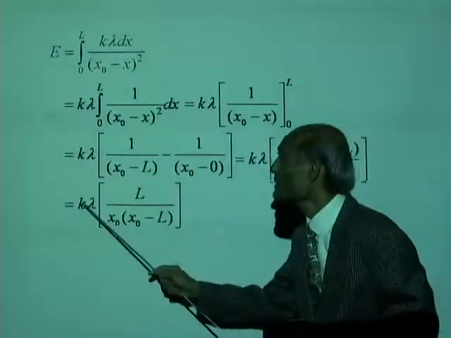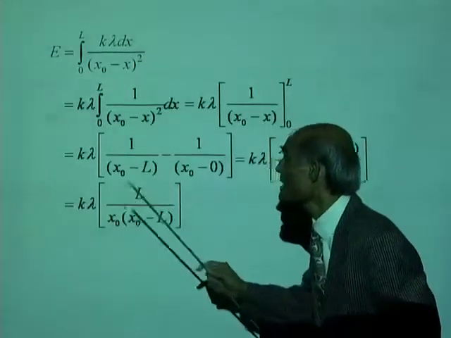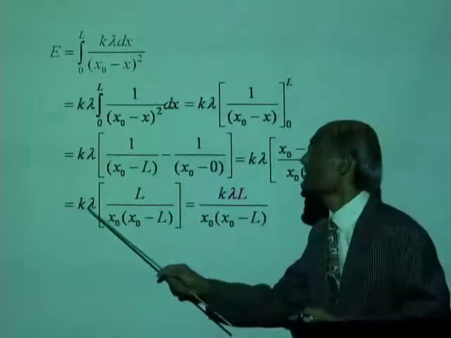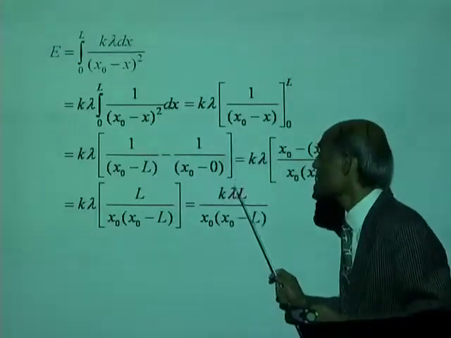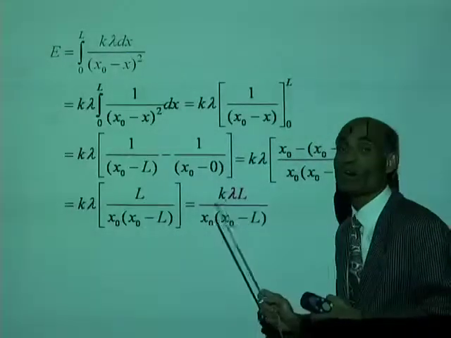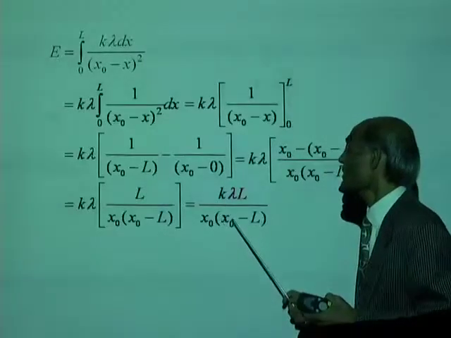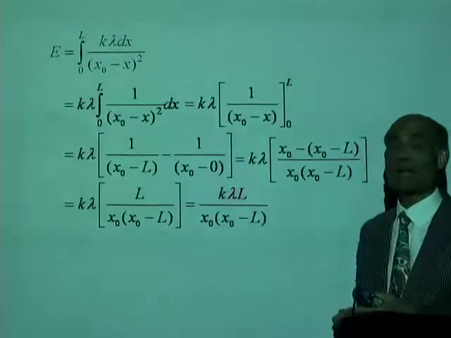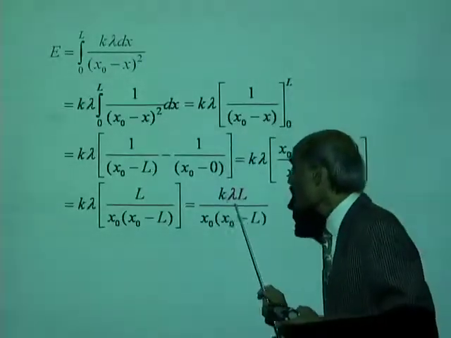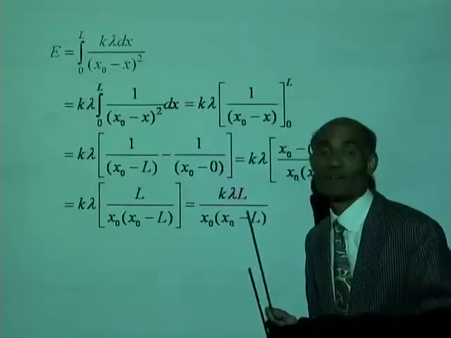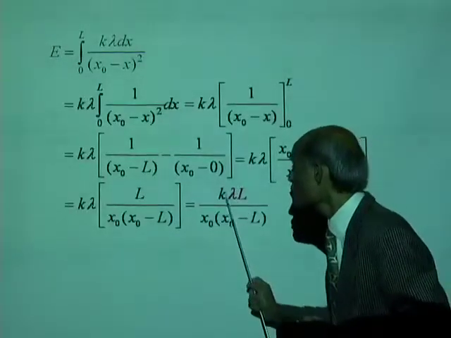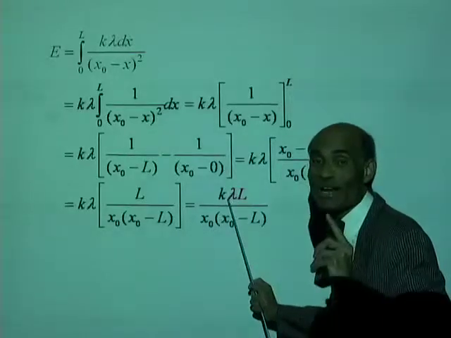And now we can bring in the k lambda L right up there. You can see that would be k times lambda L over x0 times x0 minus L. Why did I color lambda L? Because lambda is charge per unit length.